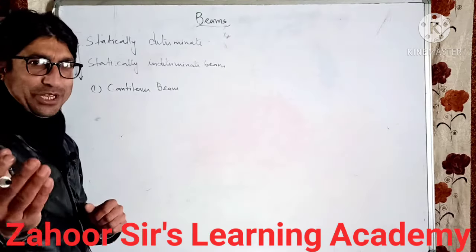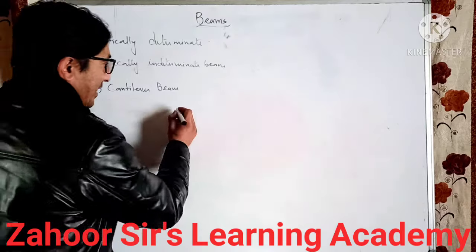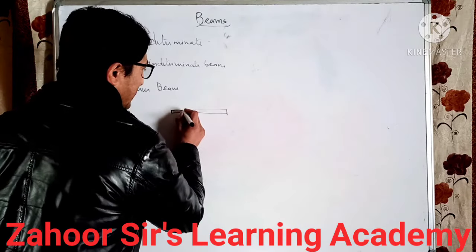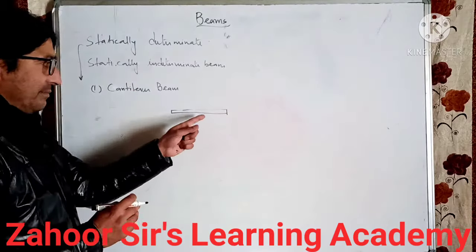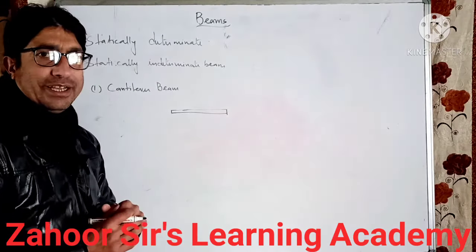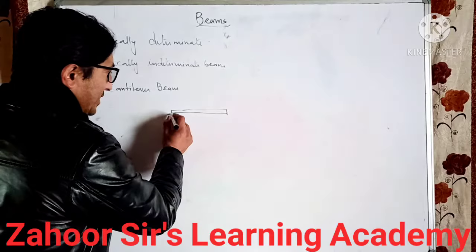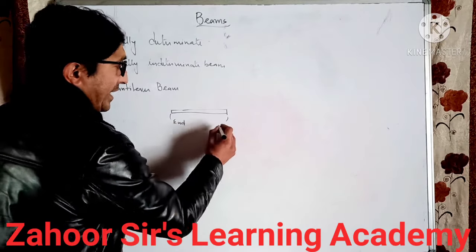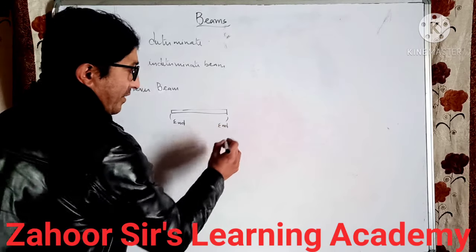First of all, as I told you earlier, a beam is horizontally placed. Let's say this is a beam which is horizontally placed, and it has two ends, one end and another end.